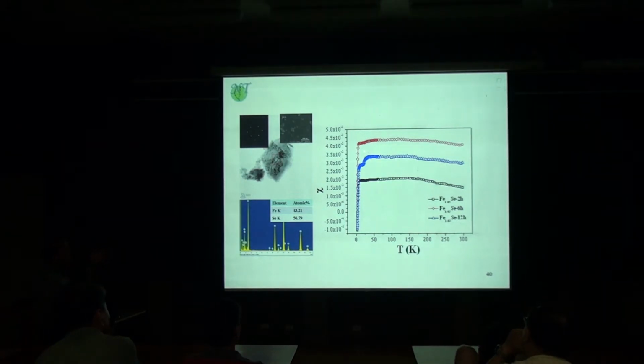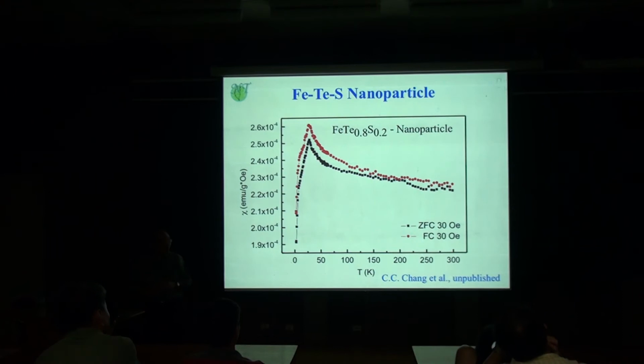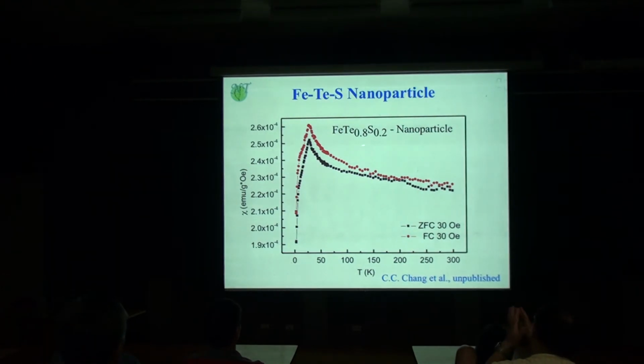There's a small percentage of a superconducting phase around that temperature with this particular sample. Okay? And we were able to see a much better signal with a slightly different chemical composition. This is the iron sulfur selenium, and we did see a much larger drop with the superconducting transition around that temperature.